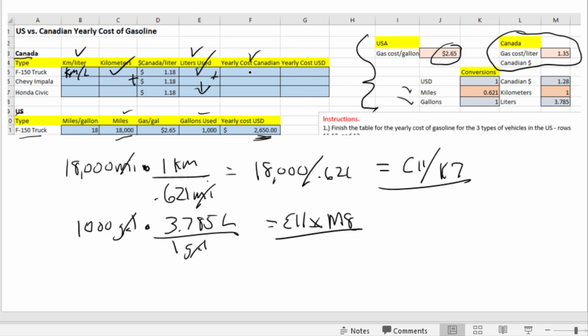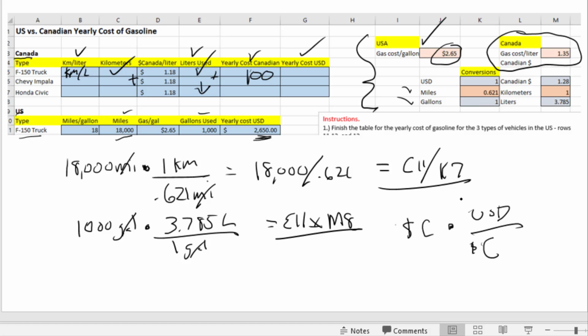So let's assume that Canadian dollars is, I don't know, 100. I'm just making this up. And I want to convert that to US dollars. How do I do that? Well, if I have Canadian dollars, I'm just going to put dollars Canadian. I can multiply that by US dollars, which is right here, over Canadian dollars.